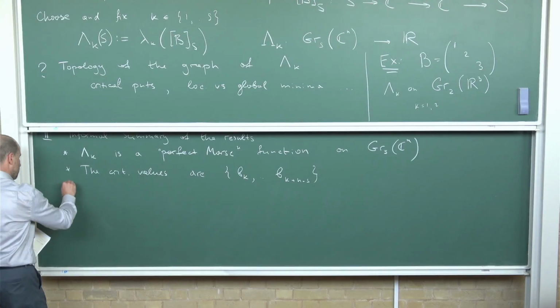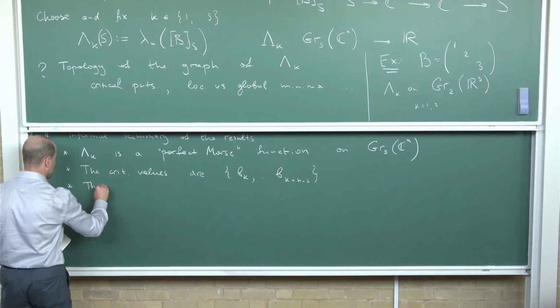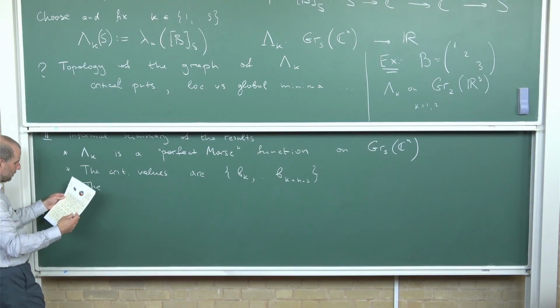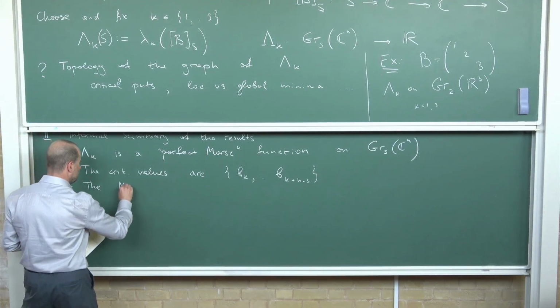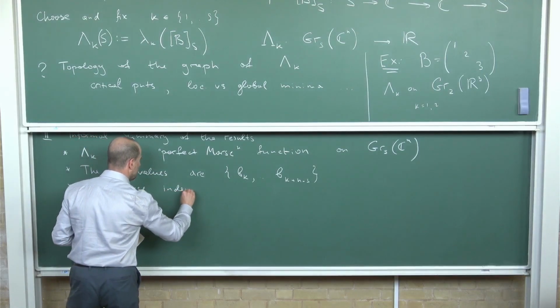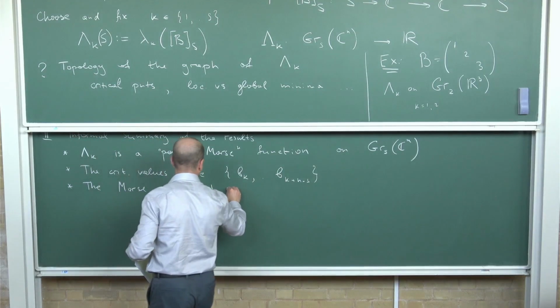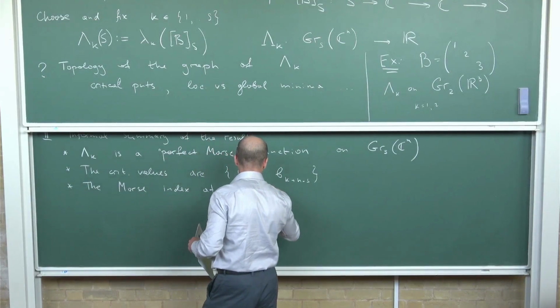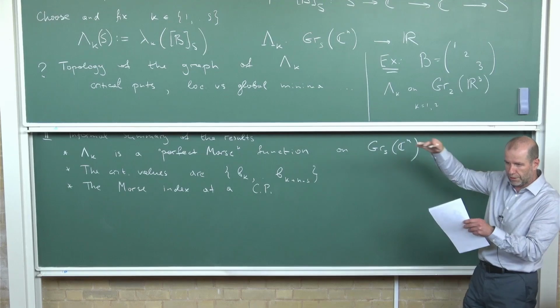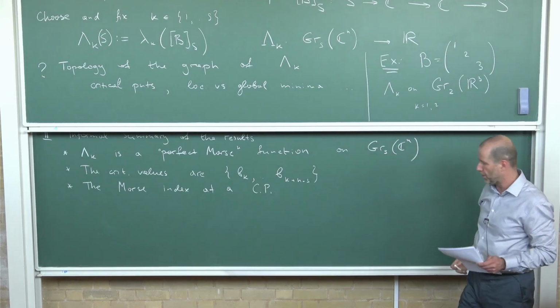We can compute the Morse index, the number of directions in which it's decreasing, at every critical value. The Morse index at a critical point. So we saw that the critical points depend on the level to which they belong.